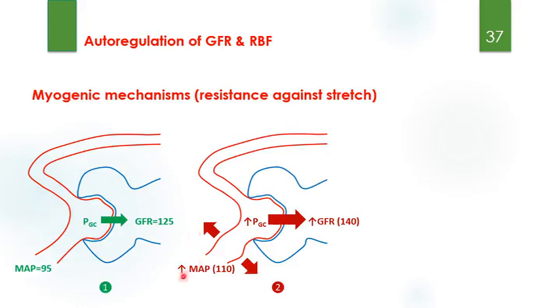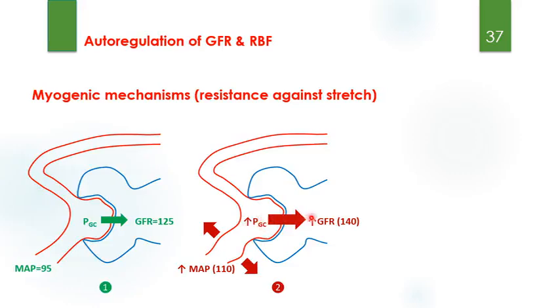But if for any reason the subject experiences hypertension and mean arterial pressure is increased, the sudden increment of pressure will stretch the walls of the afferent arteriole and increase hydrostatic pressure for a short period of time, and this increased hydrostatic pressure will increase GFR above the normal level.